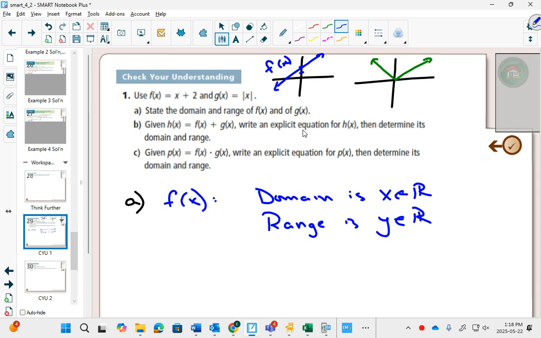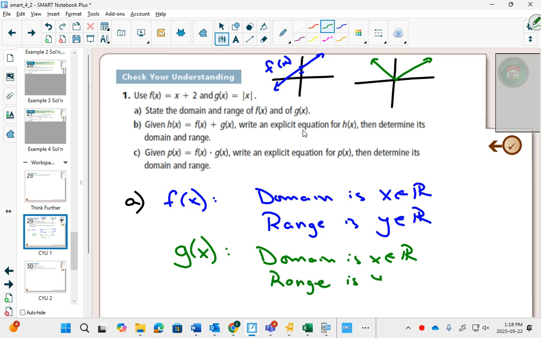For g of x, the domain is still everything, and the range is that your y values are bigger than or equal to 0. So drawing a quick sketch helped me solve that question.